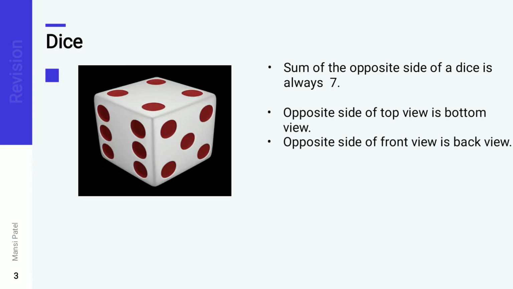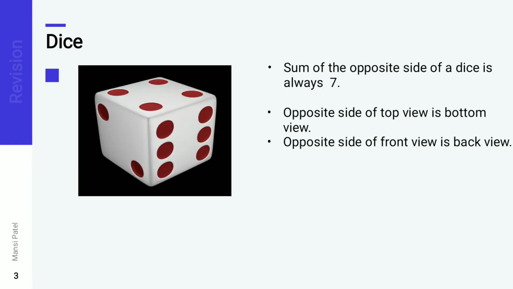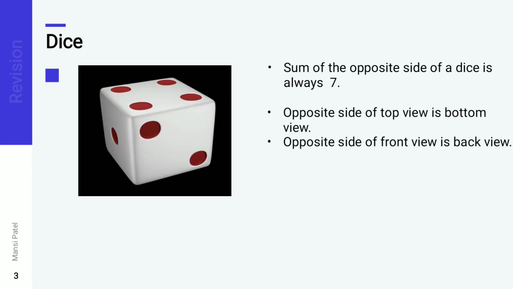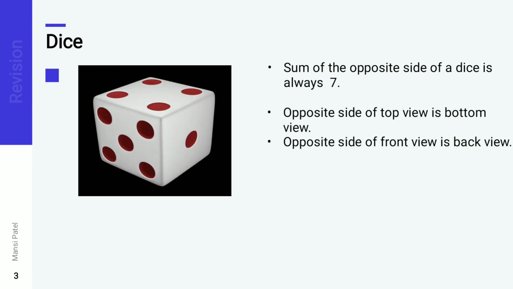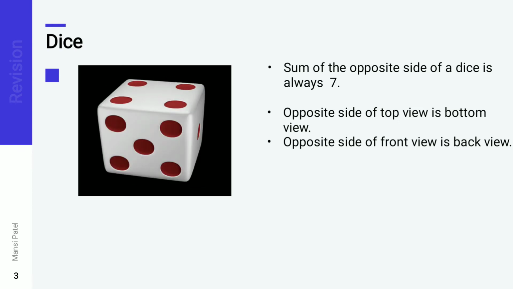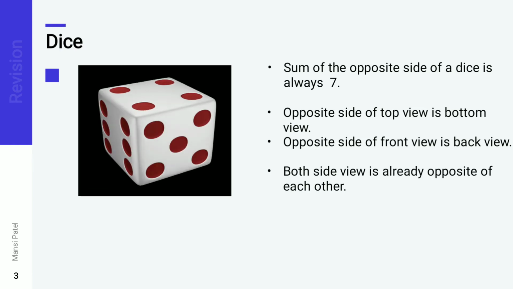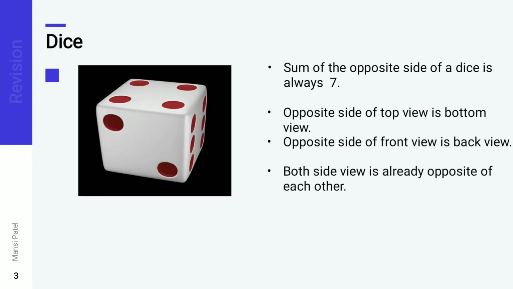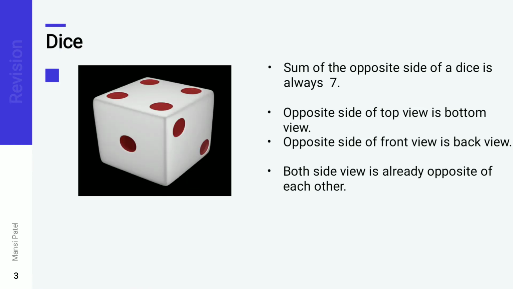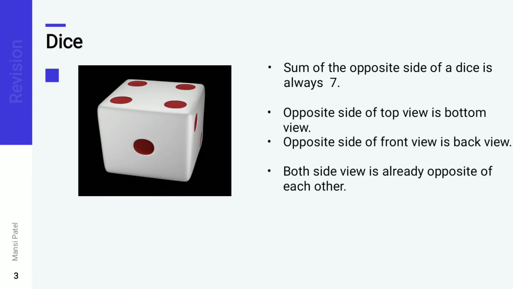If you see anything from the front side, then the opposite of front is the back. The opposite of top is the bottom. And the left hand side and right hand side are opposite sides of each other.